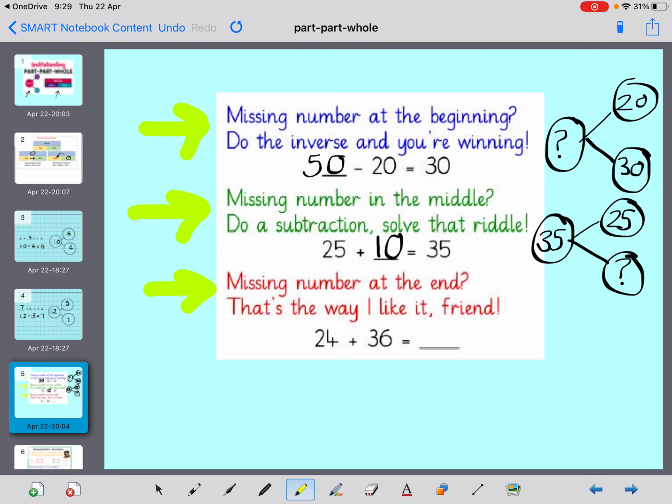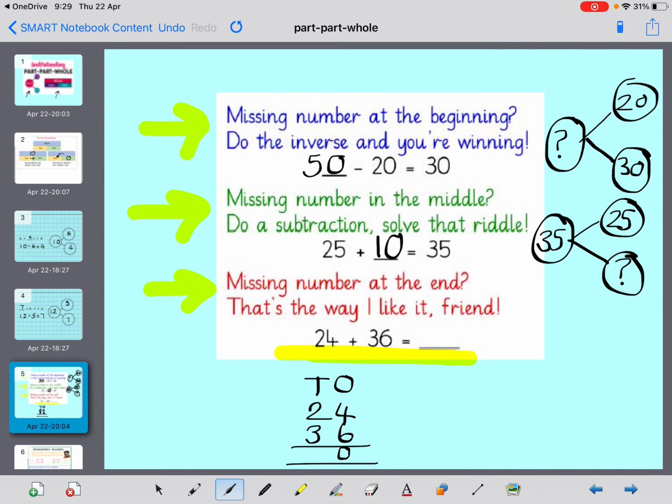Missing number at the end, that's the way I like it, friend. So here we've got a straightforward addition that we can work out. We could do that with column method because that's two two-digit numbers. 24 add 36. And I can see here that 4 and 6 are going to make 10.